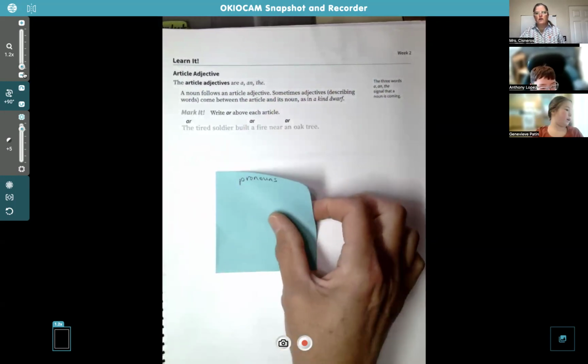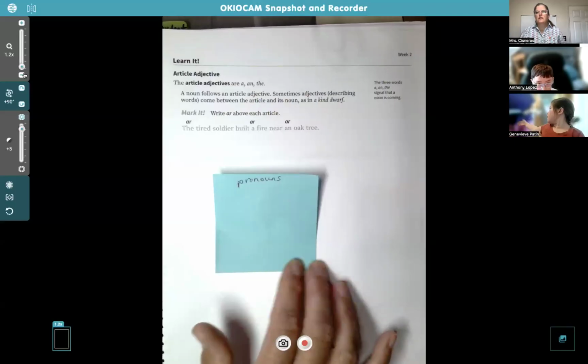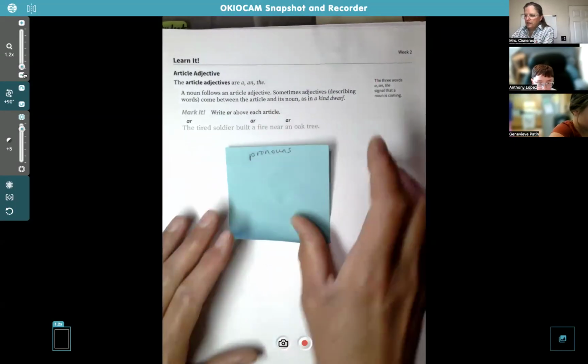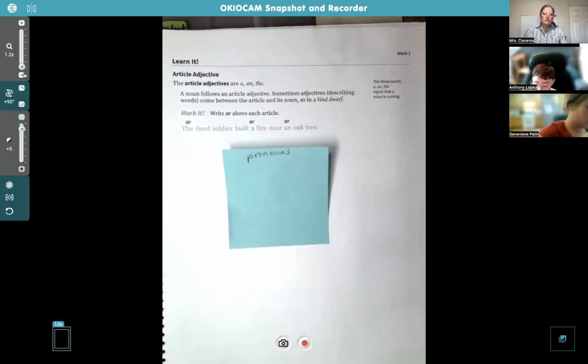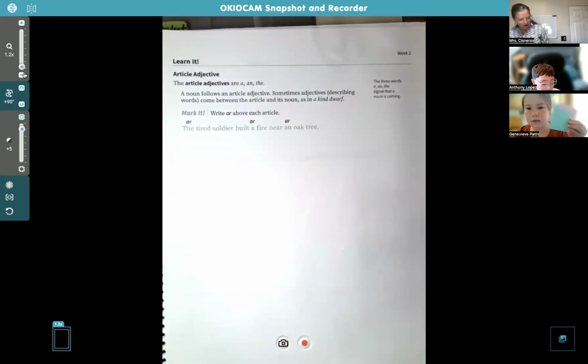I'm going to have you mark this page in your book. Do you have a post-it, Anthony? Perfect. So put this sticky part down like this, and the part that's loose like that, go ahead and write the word pronouns. Because I'm going to have you, hold on, just kidding. Don't do that. I have a wrong, forget it. Ignore everything I just said.